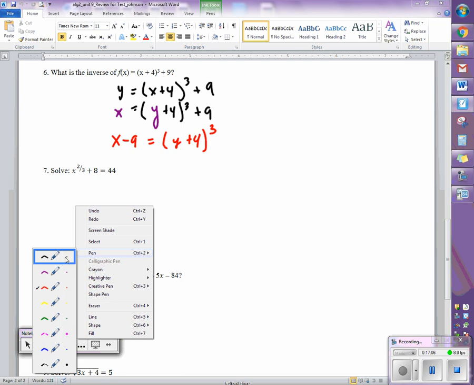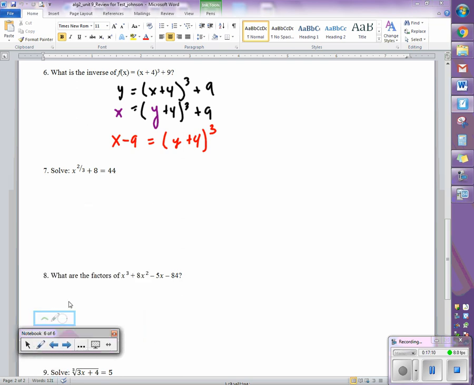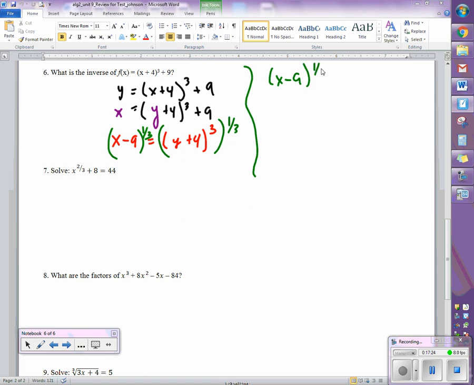I'm going to use a reciprocal power, but you could use a cube root if you choose. So the reciprocal power is 1/3, which is the same thing as a cube root. The 1/3 causes the 3 to disappear on the parentheses, so all I have is just y plus 4.